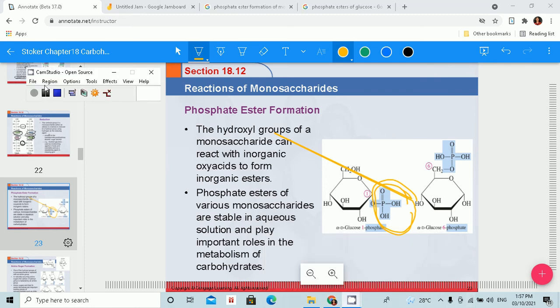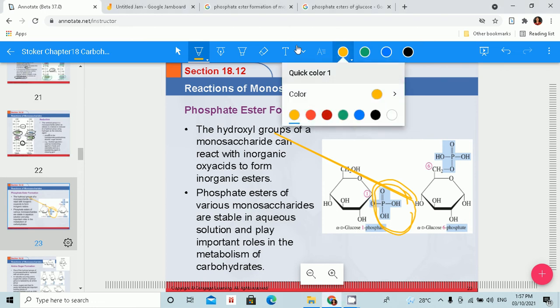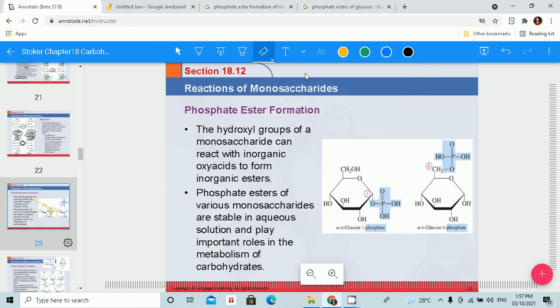So we have our carbohydrate, our glucose. When it reacts with phosphoric acid, it attacks the OH on our anomeric carbon, so it's at carbon 1.